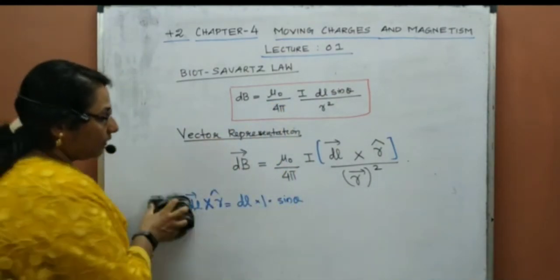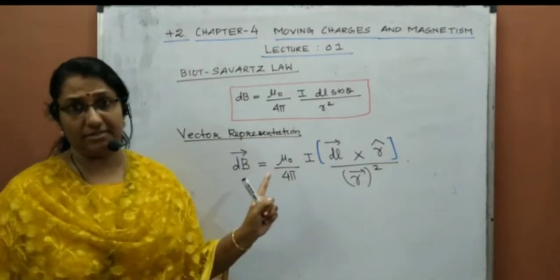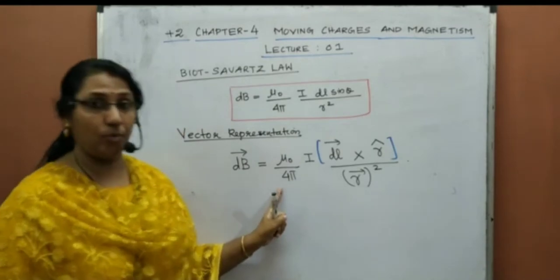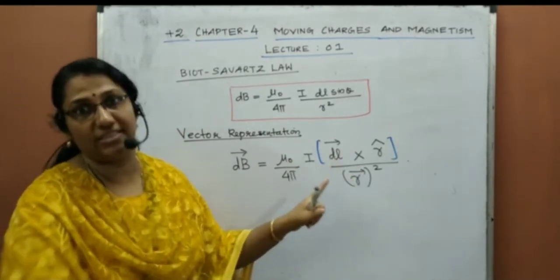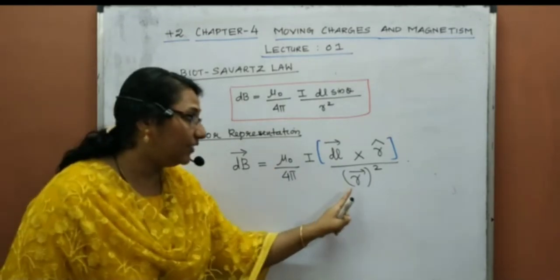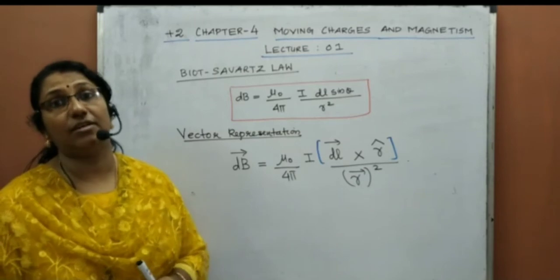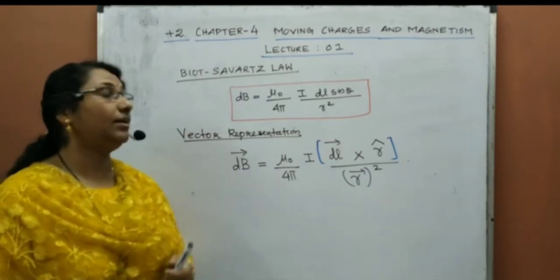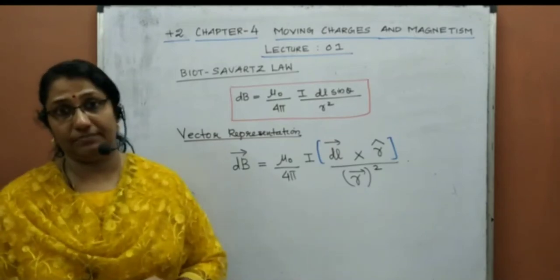So, in vector form, it is represented as vector dB is equal to mu 0 by 4 pi I dl cross unit vector r cap by vector r the whole square. Now it shows the vector form of our magnetic field. Clear? So this is the vector representation.